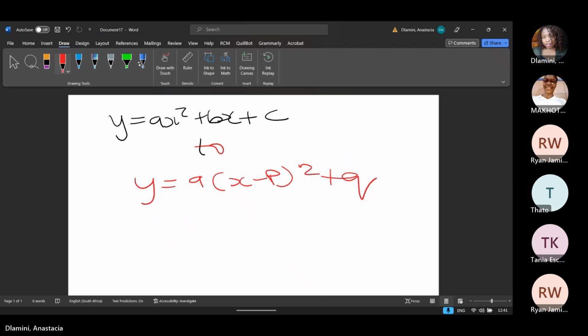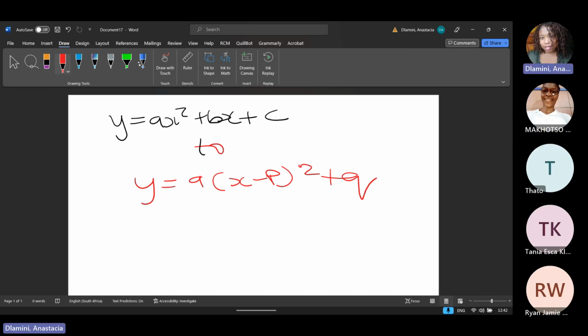Can you move from the standard form to that form? No, ma'am. Do you remember completing the square? Who remembers completing the square?